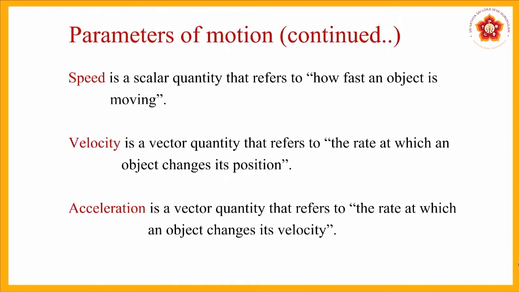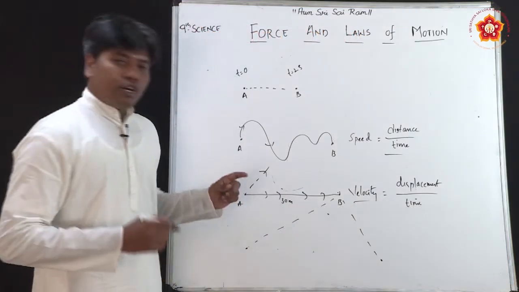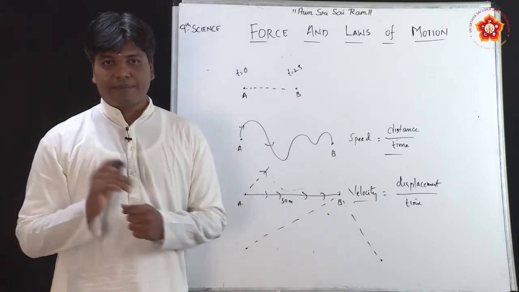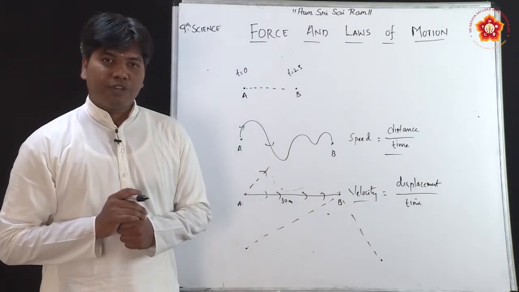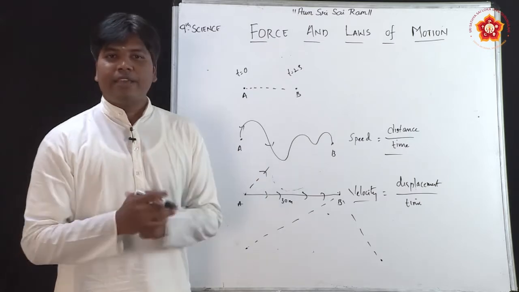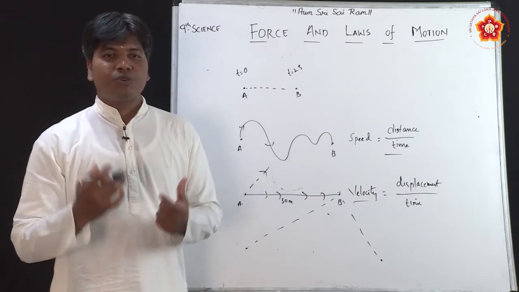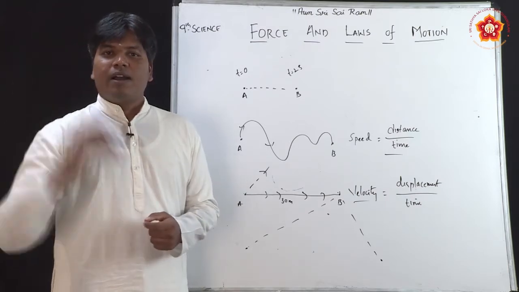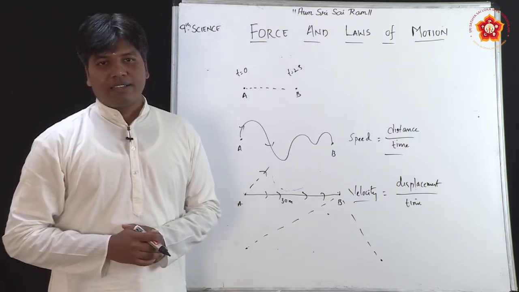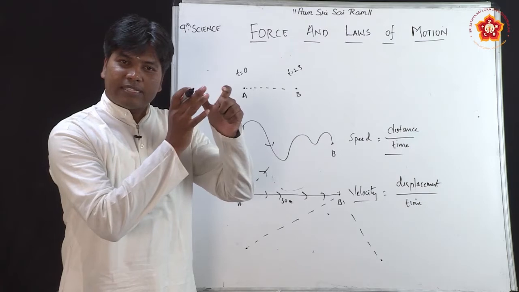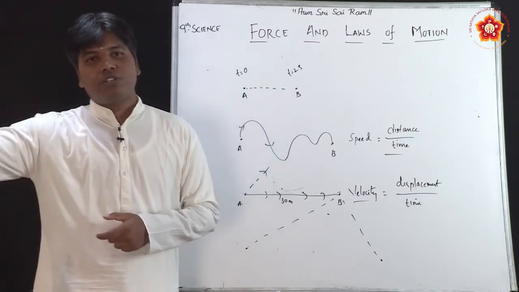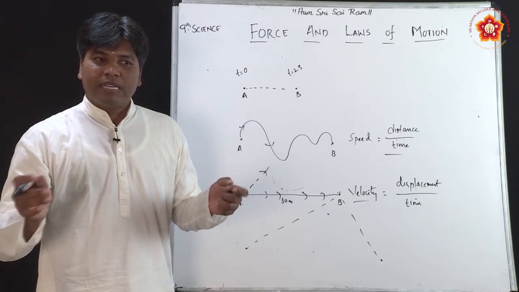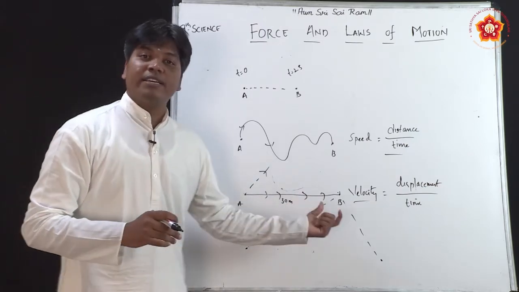That means, see, here you know that the object is changing its position at some rate, but you can see in TV ads, Bajaj Pulsar, something like in 6 seconds it goes up to 100 kilometers per hour. That means the velocity is increasing from 0 to 100 in a short span of time. The rate of increase of velocity is that.